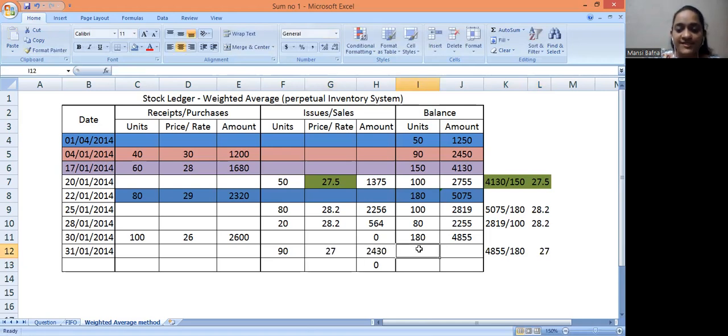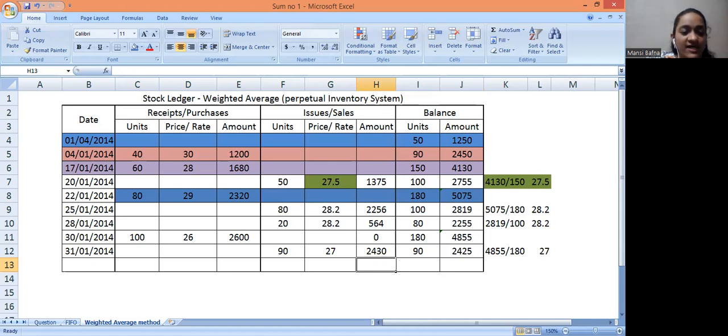Out of the 180 units, you have sold 90 units, so you're left with a stock of 90 units, and the value will be minus 2430, that is 2425. So you will get a balance of 90 units.